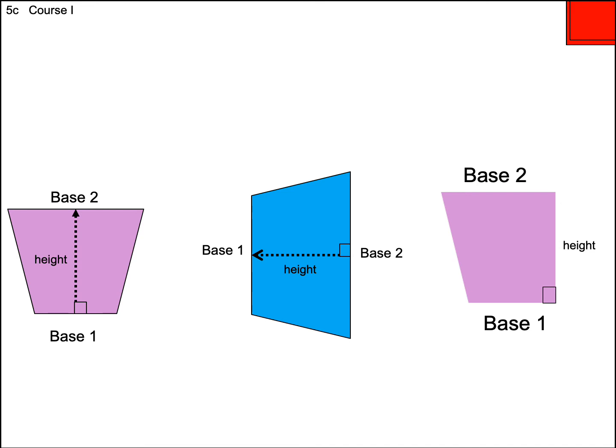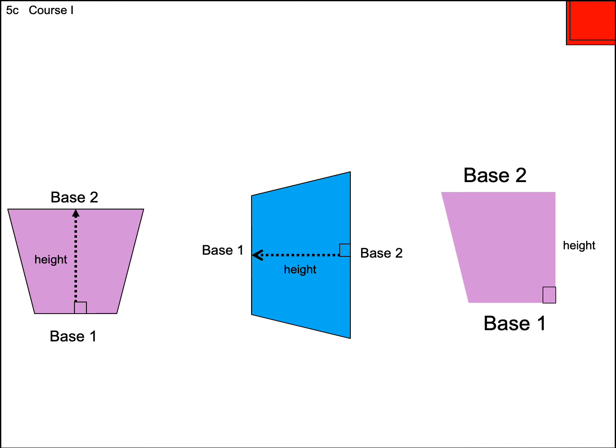The two parallel sides are the bases, and the distance between the two is called the height. The last one is more unique. This is called a right trapezoid, and since one of the angles is right, that side becomes the height because it touches the little tiny square. But still, the two bases are the parallel sides. If you need to pause the video and look at this carefully or write down these examples, please do that at this time.